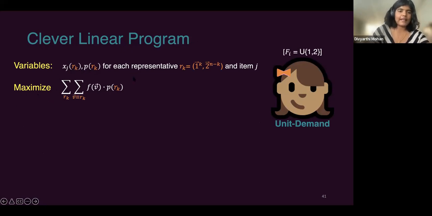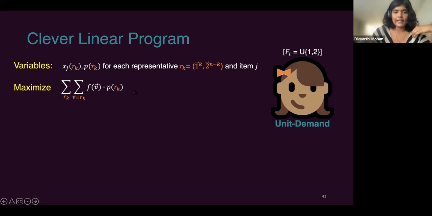So this is one of the reasons why it's nicer, one way to look at symmetric distributions is through having the same probability of seeing, because now I can group together buyer types with the same representative and they all have the same probability of being drawn.